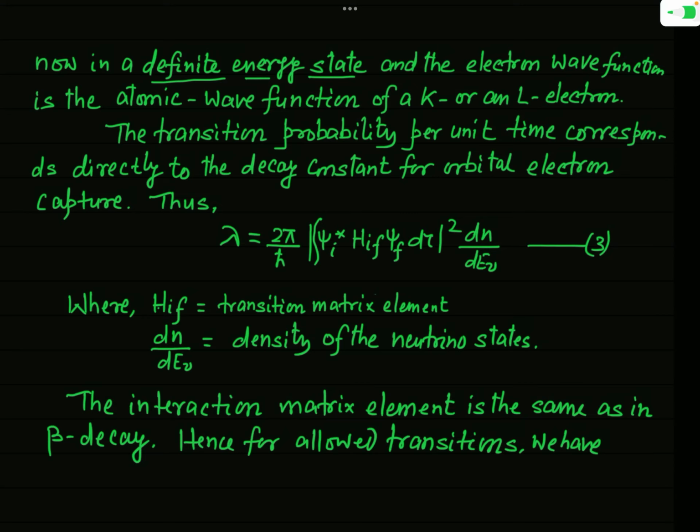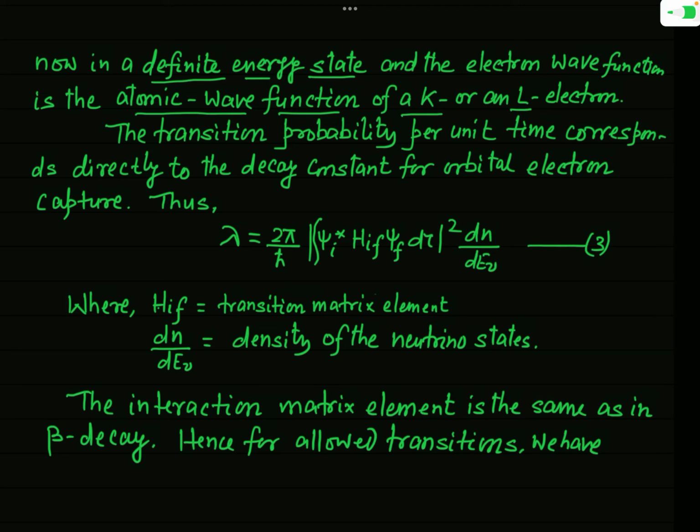Okay, and at the same time the electron wave function in this case is just the atomic wave function. The electron wave function will not be represented by a plane wave, but by a bound system like the hydrogen atom or a hydrogen-like atom.